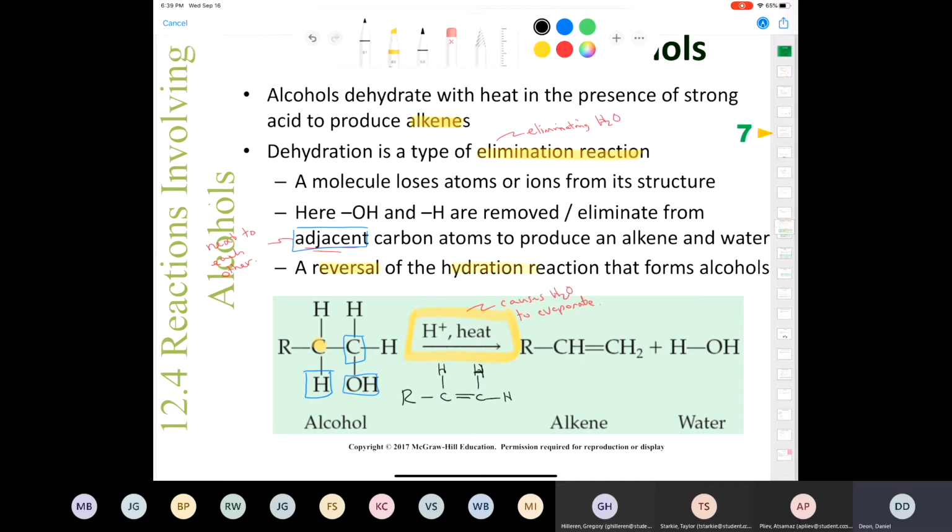So this alkene that I've just drawn right here is the exact same as that alkene right there. Give me a thumbs up if you follow me on that. Adjacent carbon, removal of hydrogen. All right, good, great, perfect.